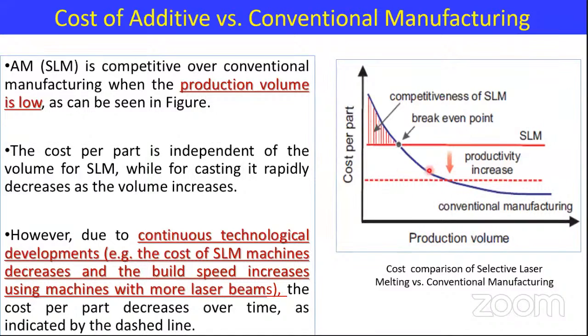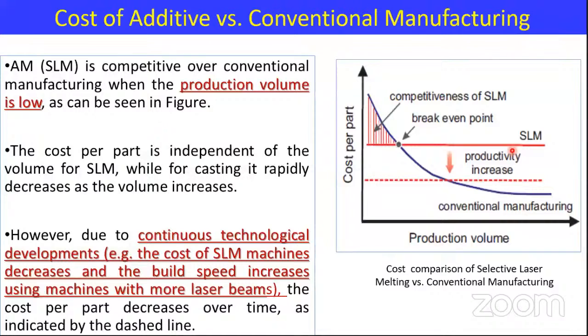That is in the research phase, where people are trying to increase productivity in the AM or SLM process by increasing the build speed or printing speed, which can be accomplished by using more laser beams. We'll see how that helps, right? So we can decrease the cost associated with AM technology.